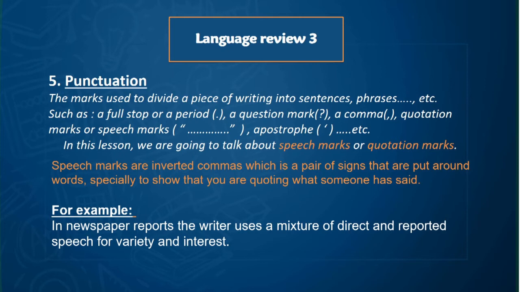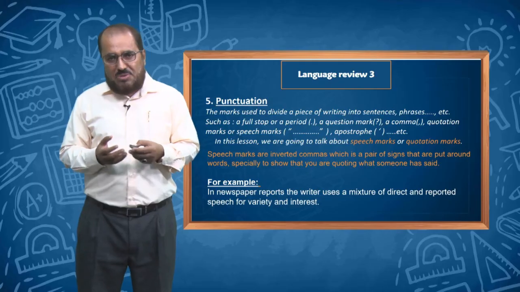Yes, to keep a reader interested in reading your work or your text or your passage or your article. So don't make it just using what you yourself have said. Mix it with what you comment, and what people really said outside on the stage of the accident, the stage of a problem.